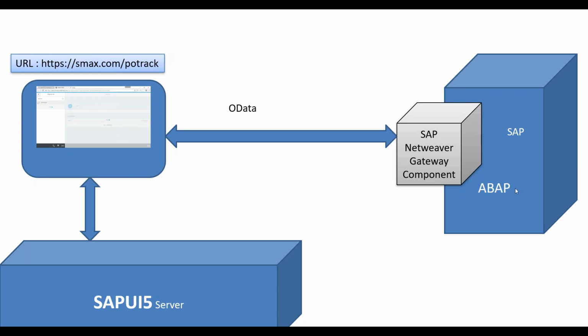Now it goes to the database, gets the data, and puts it into an internal table, which is then made compatible with OData. Now you have to convert that into XML or JSON, right? So will the gateway do it automatically, or do we need to? The data transformation can be done automatically by the gateway.